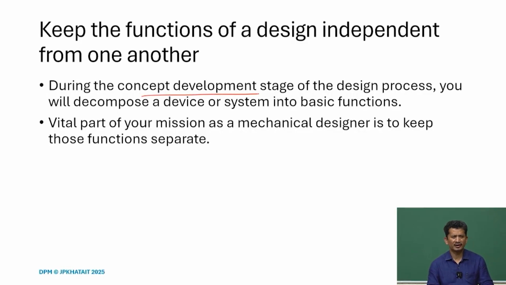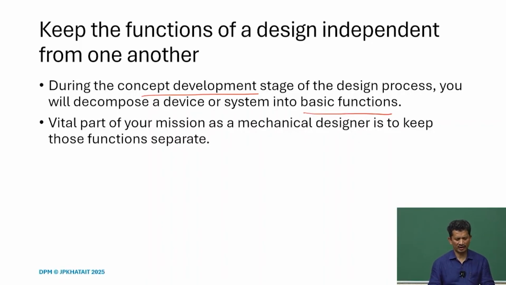If you are involved in the design process, if you are designing a product or a machine right from scratch using the designer's specifications, we start with concept development, and we try to find different functional requirements.